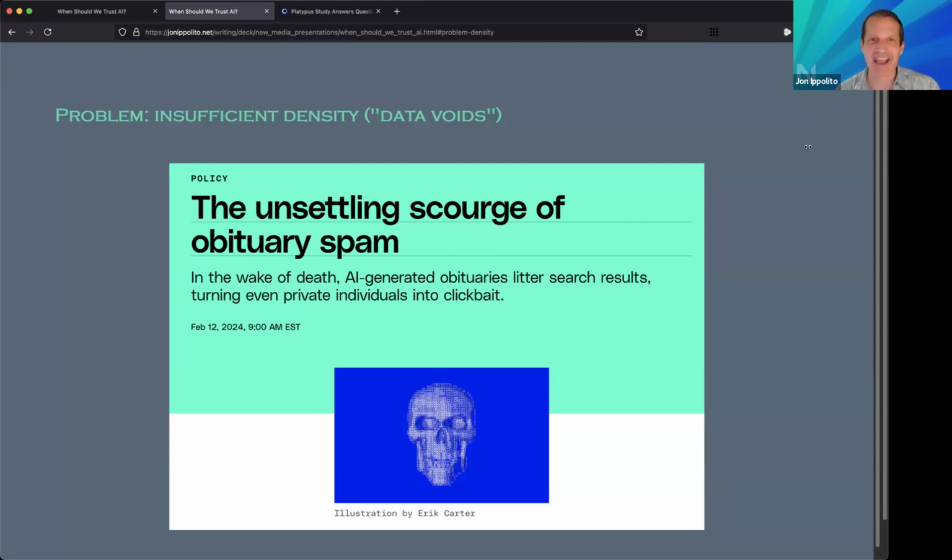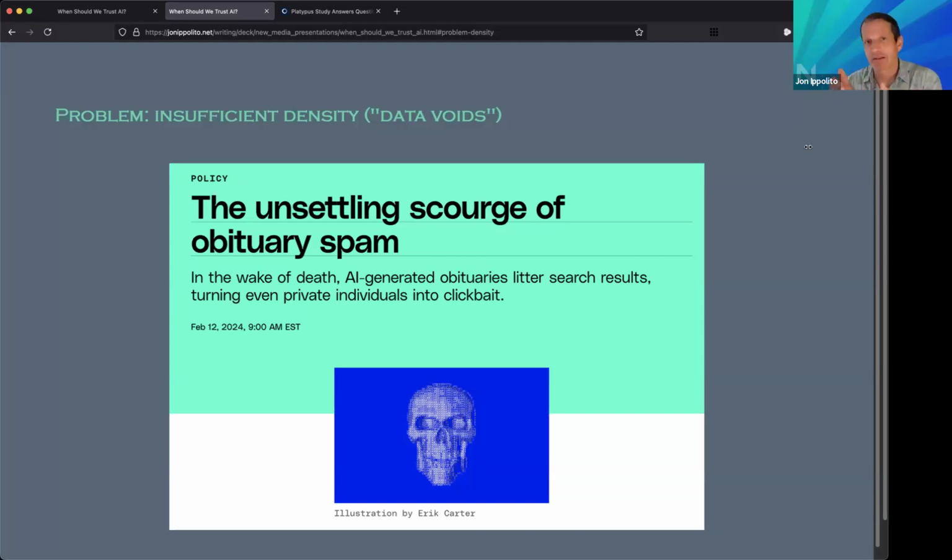AI fills in gaps with nonsense that makes it harder for us to find the truth. So this is an example, I would describe, of insufficient density. There isn't enough written about someone, particularly that person dying. This is typically not done on public figures.